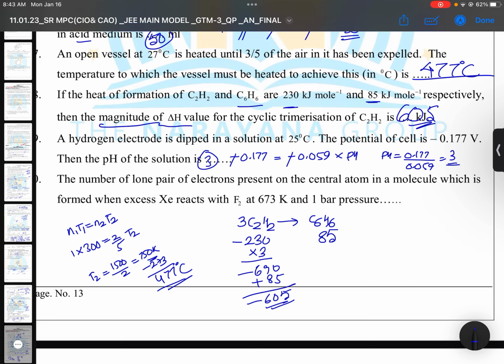The number of lone pairs of electrons present on the central atom in a molecule which is formed when excess of xenon reacts with fluorine. Excess of xenon when reacts with fluorine, it is going to form XeF2. He is asking how many lone pairs are there on the central atom. 1, 2, 3. 3 lone pairs.